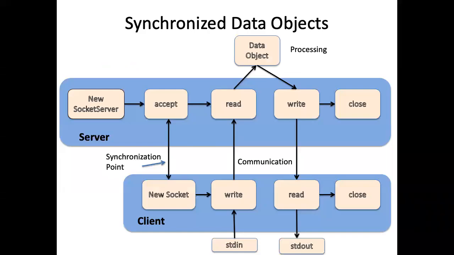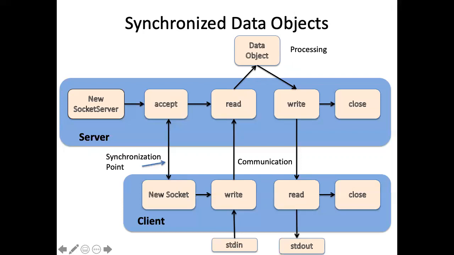Okay, so the next example involves when we need to do some sharing of information. Just like with threads sharing a shared resource, we may also have to have a shared resource with a server and a client. So here we have a data object.